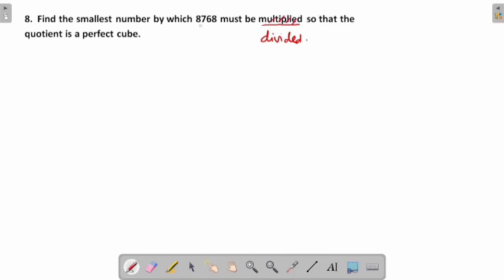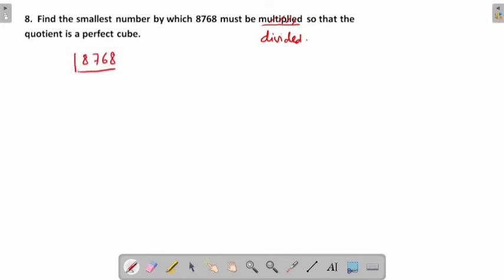In the earlier question you multiplied by 7, but this time you have to divide this number by some number. Again, this is going to be a similar kind of work. So we have 8768 given to us.